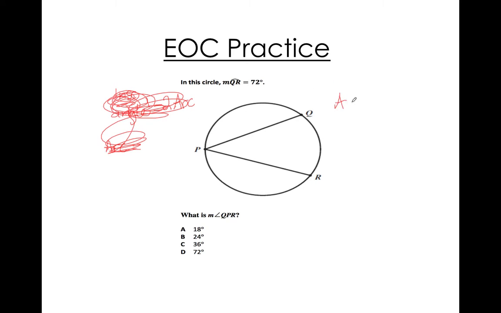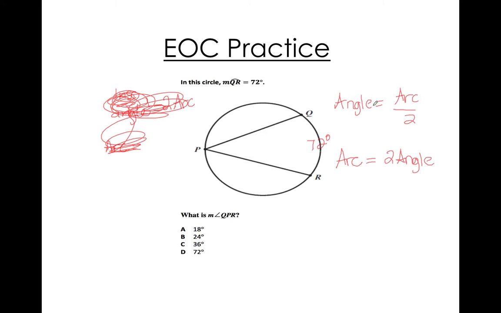So if we're trying to find this angle right here, then we take the arc and we divide it by 2. But if I'm trying to find the arc, then I take the angle and multiply it by 2. And since they're telling us right here that arc QR, which is right here, is 72 degrees, that means I can plug it into here and find the angle.